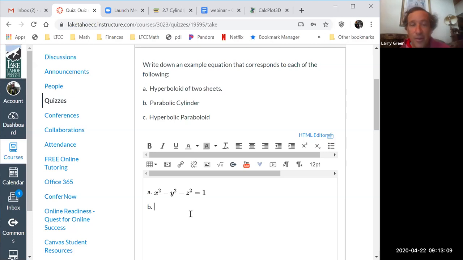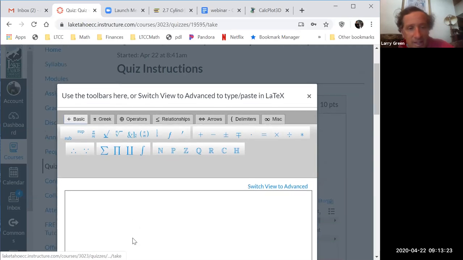Yeah, there's only 2 variables. So we need to make sure we omit one of the variables. And all you have to do is write a parabola in 2 variables. Doesn't matter which variables you pick, any 2 variables you want of x, y, and z.